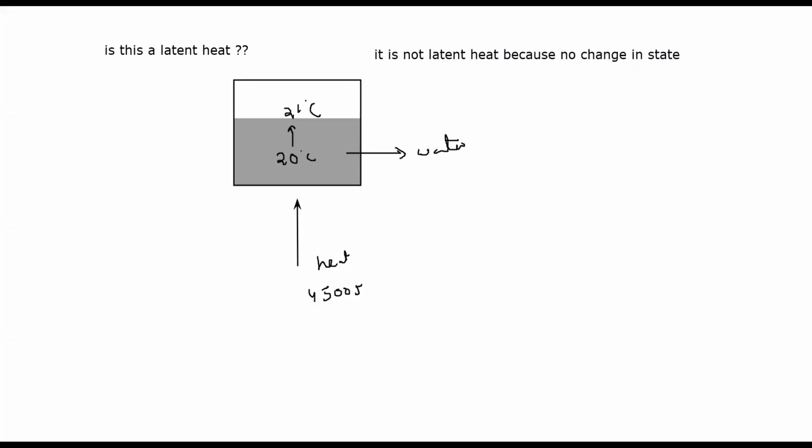Now, if you have a container which is filled with water, and the temperature of the water is 100, and you are supplying energy so that this water is converting into vapors.